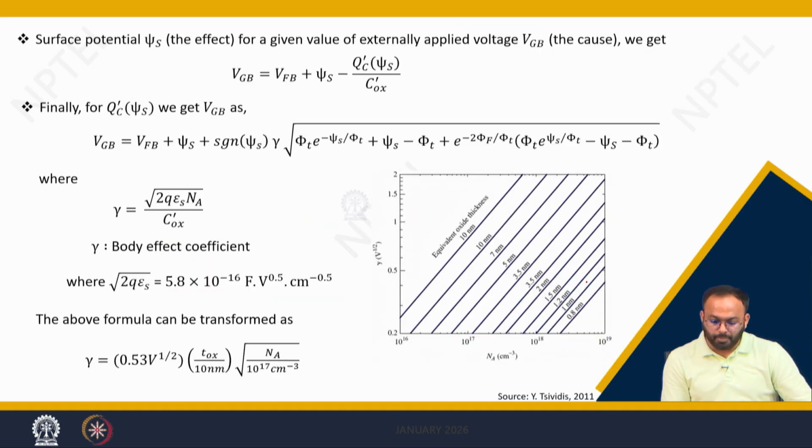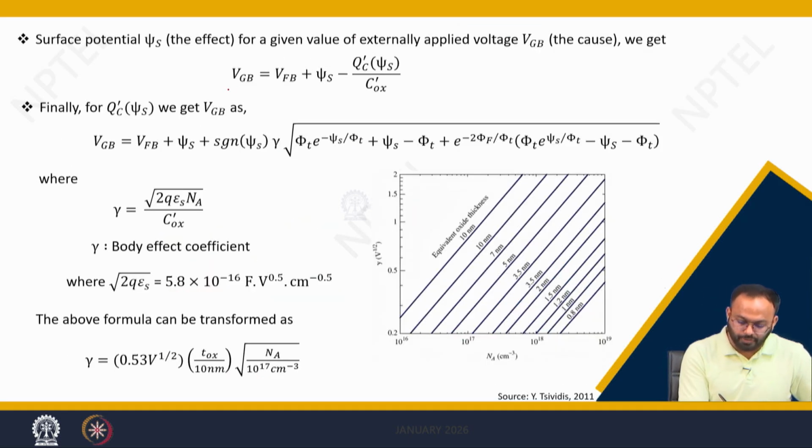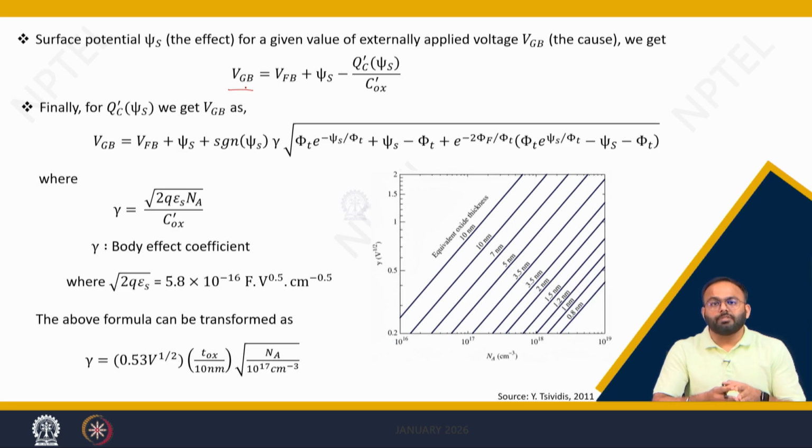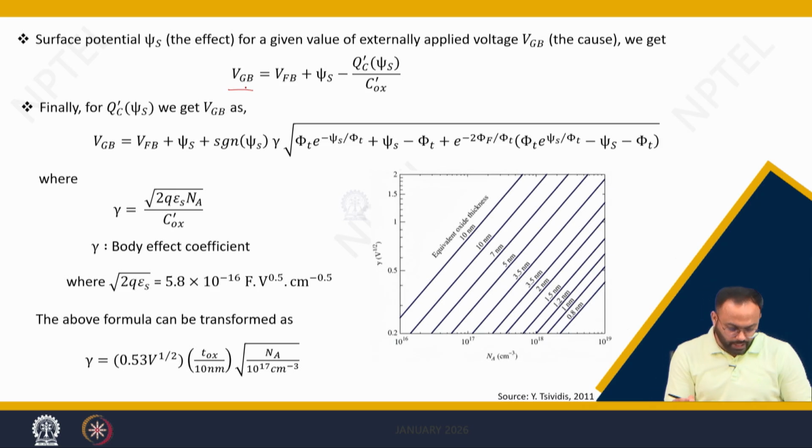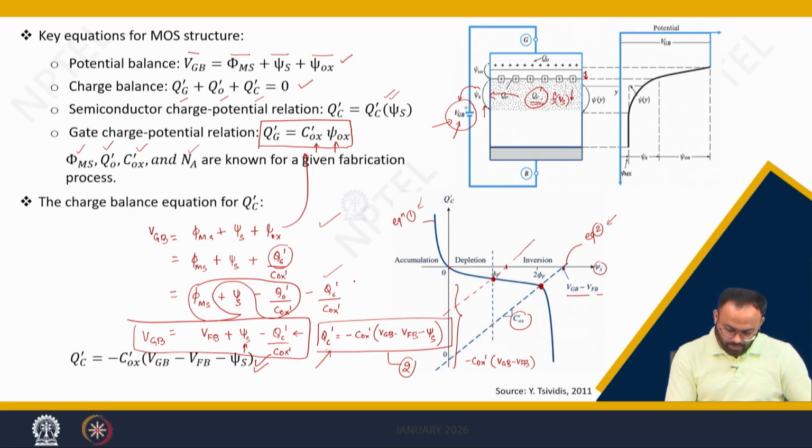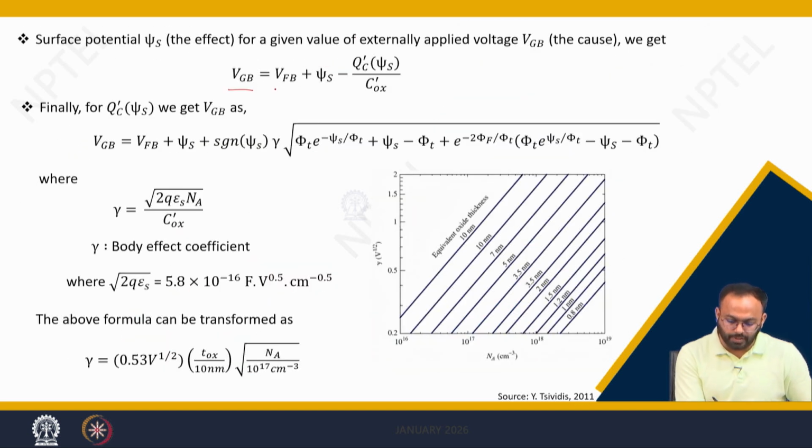Again, let us formulate a closed form equation in terms of VGB, meaning how much voltage VGB you are required to cause the inversion, depletion and all, and what is the relation with the channel charge. So if we rewrite this equation from here, then VGB can be written as V flat band voltage plus psi s minus QC dash divided by COX dash. If I put QC dash from equation number 1, ultimately what I will get is VGB equals V flat band voltage plus psi s, now minus QC dash.